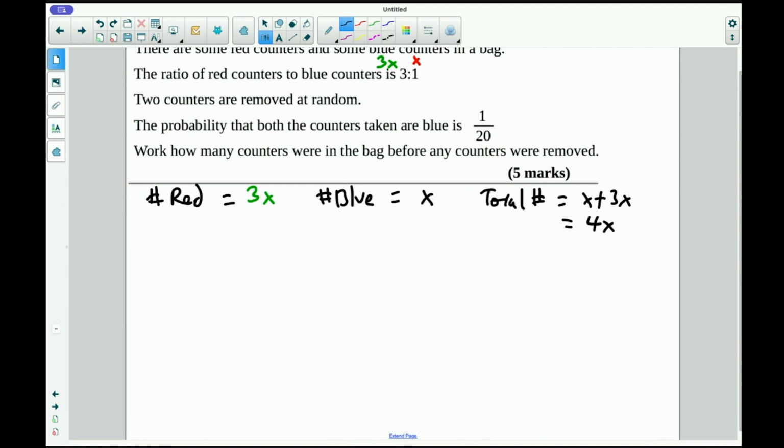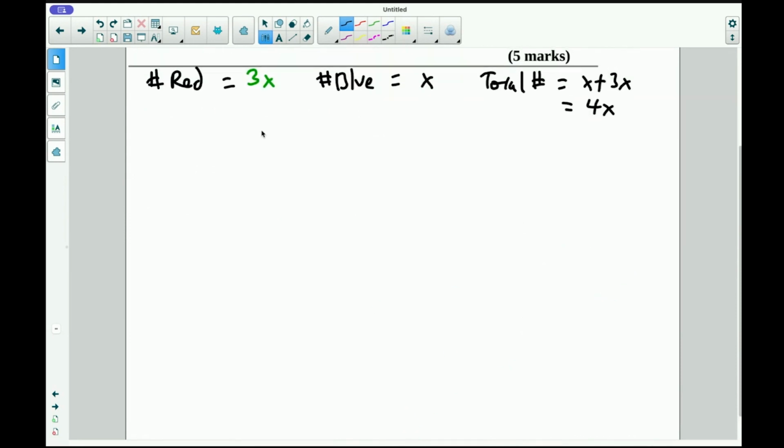Okay. So starting us off, we're going to remove a counter after looking at the probability of red or blue. If we're looking at our first stage, so our first counter that we're going to choose, it has to be either red or blue.